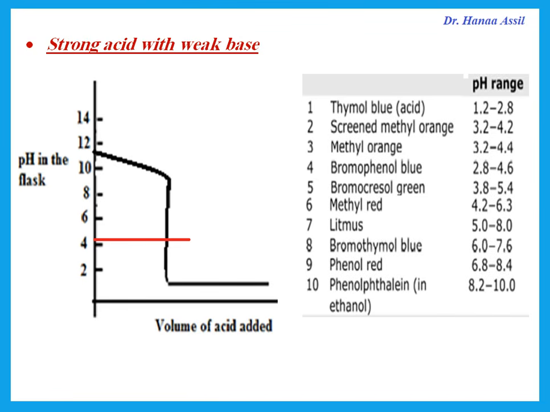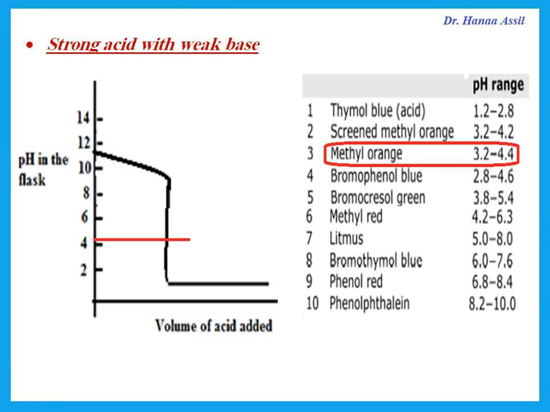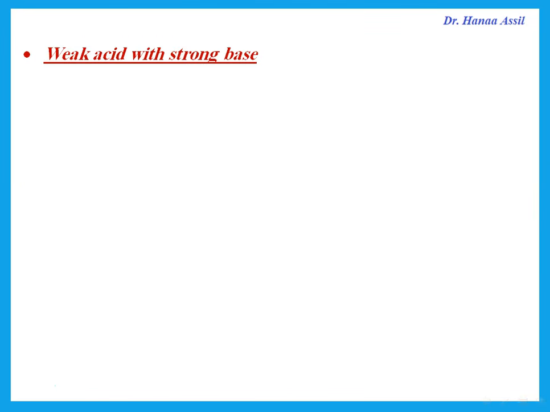So I look at the data booklet, which indicator would be suitable to change color at around 4 point something. So this is methyl orange. So remember, when we are titrating a strong acid with a weak base, the equivalence point is lower than 7, around 4 point something. So methyl orange would be a suitable indicator for that.